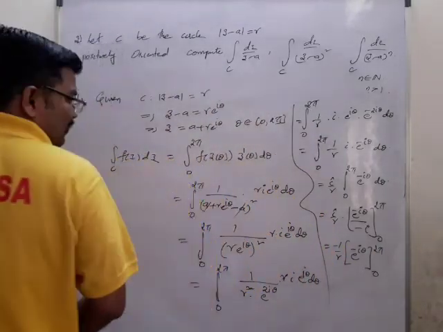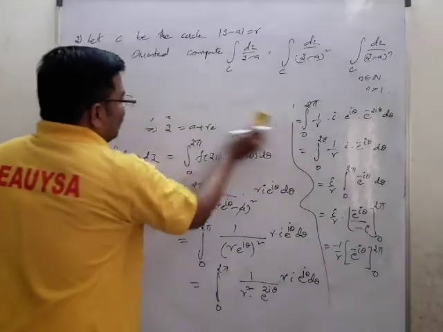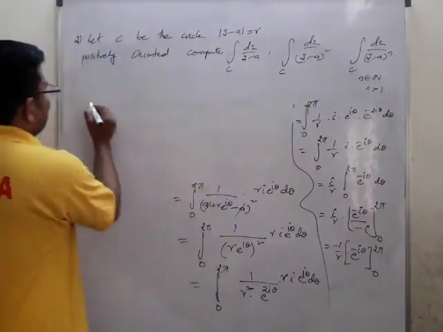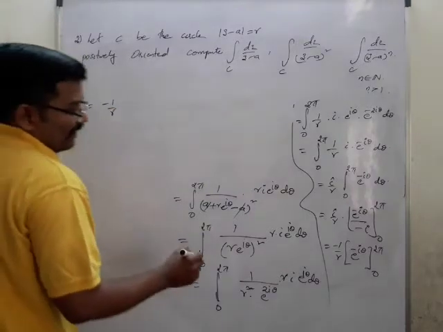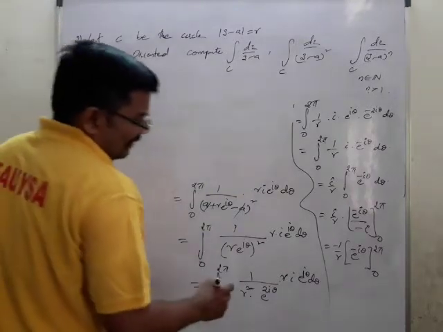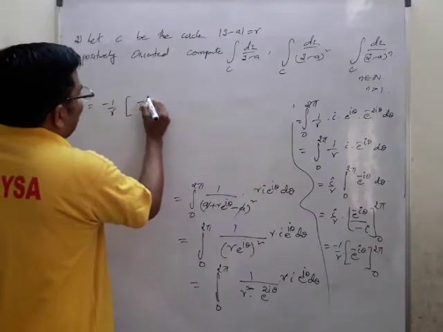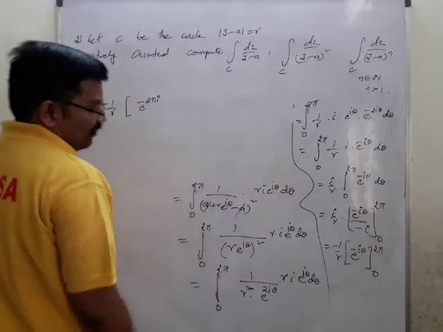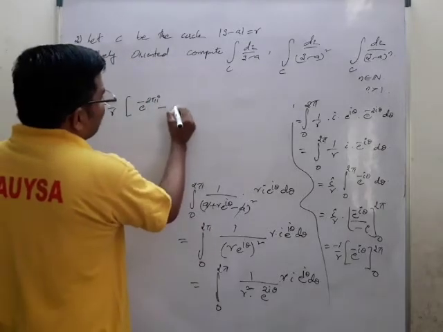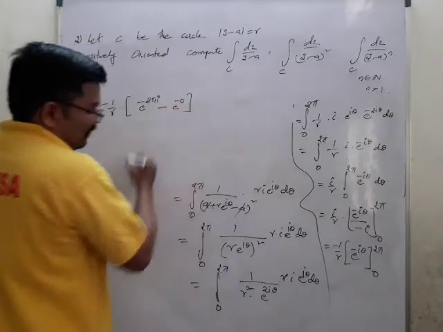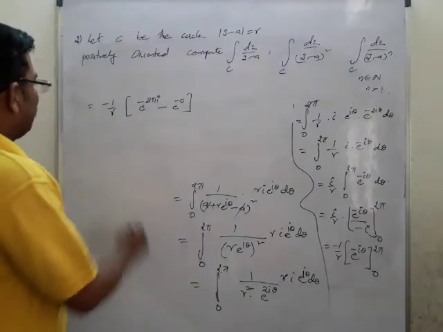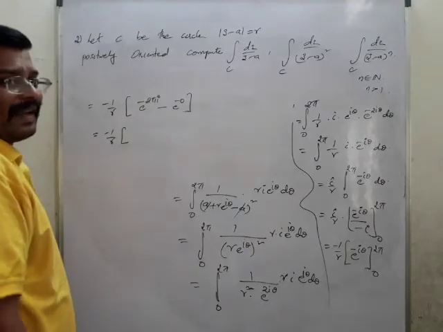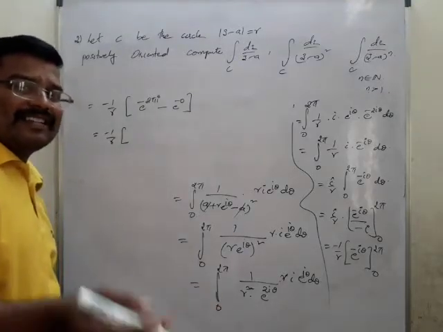Okay. So therefore what is the solution now? Therefore what I'll do is this is minus 1 by r. I may write this as e power minus i means minus 2 pi i, minus e power minus 0. You'll be getting 0. So this is minus 1 by r, e power i theta is cos theta plus i sin theta.